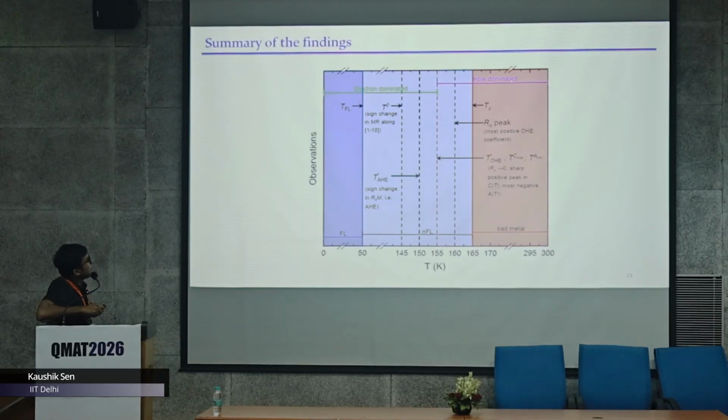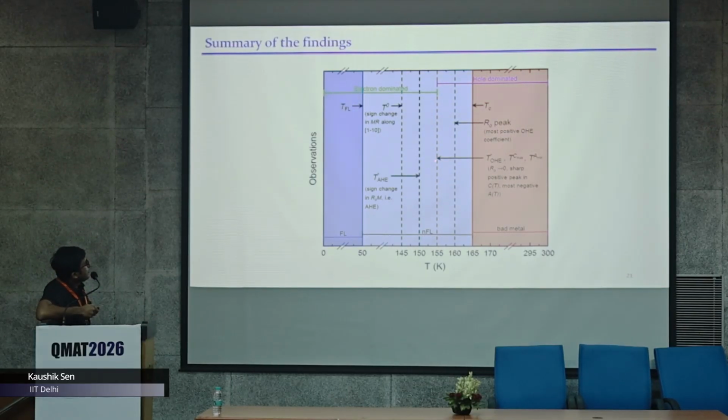First we are seeing the hole-dominated response in the paramagnetic phase, and below the ferromagnetic transition, this is electron dominated. That means some sort of band reconstruction is happening because ferromagnetism is coming in, giving rise to ferromagnetic exchange splitting, and the bands are getting reshuffled. Okay.